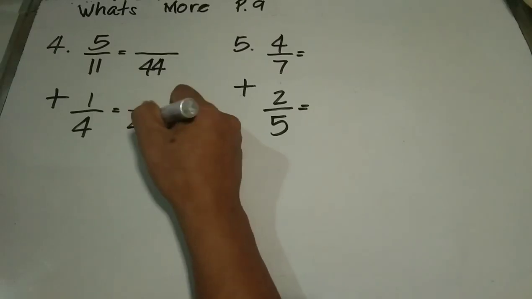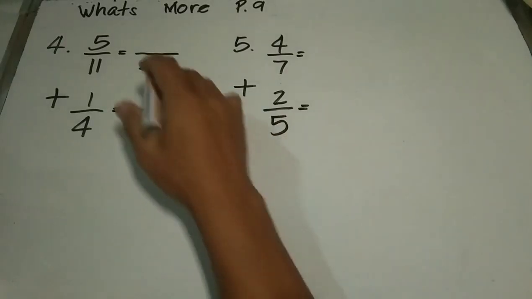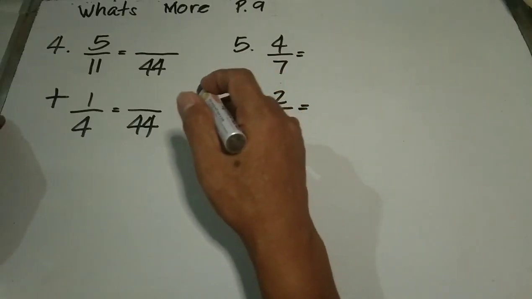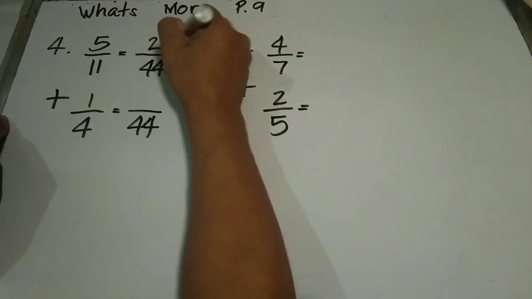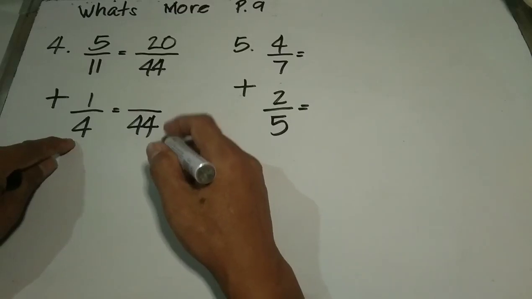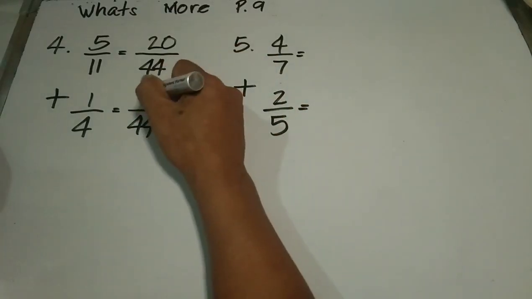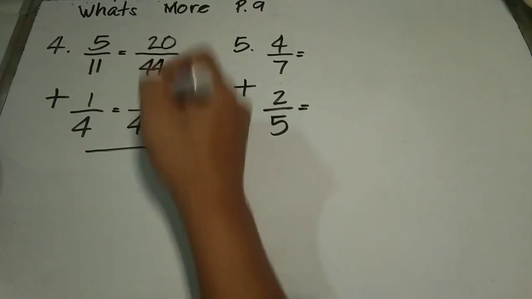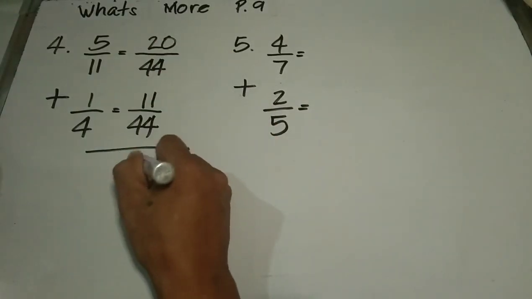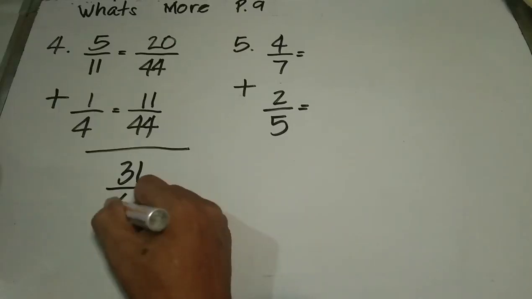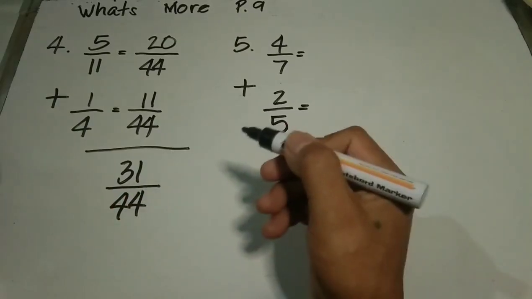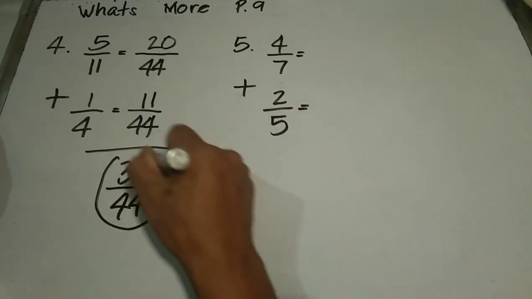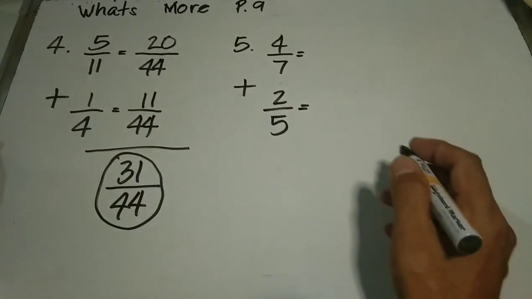So 44 will be our LCD. 44 divided by 11, we have 4 times 5, we have 20. 44 divided by 4, we have 11 times 1 will remain 11. So we add 20 plus 11, we have 31 over 44. 31 has no other factor except 31 times 1, so this is a fraction in the lowest term.